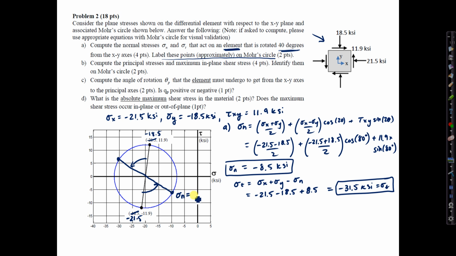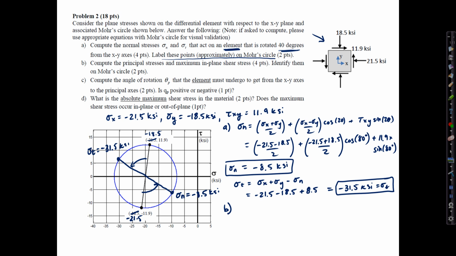Sigma n of negative 8.5 KSI and sigma t over here of negative 31.5 KSI. I look at my points by inspection. Their values on Mohr's circle are approximately what I computed over here. So I think I didn't make an error and can proceed.